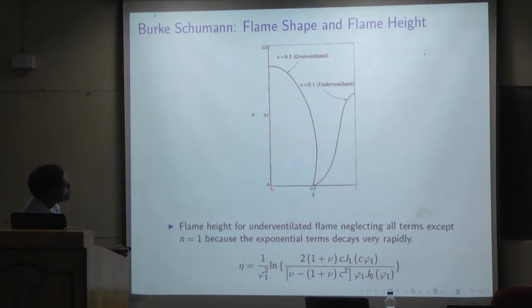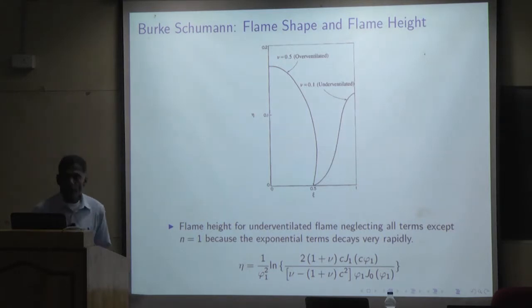Or if you set C equals 0, you get the flame height for the under-ventilated flame. So what is written here is the flame height for an under-ventilated flame, which has been obtained by setting C equals 1.